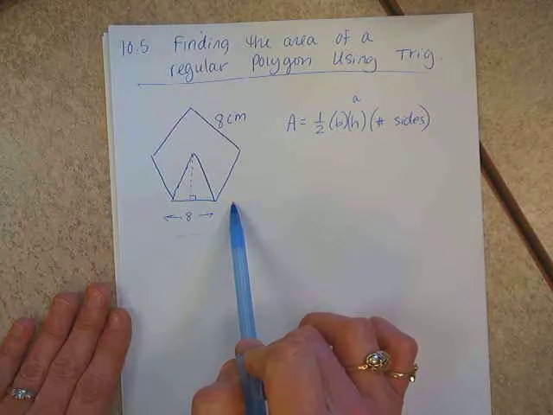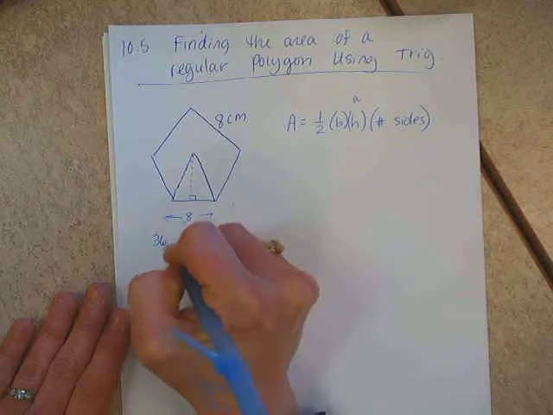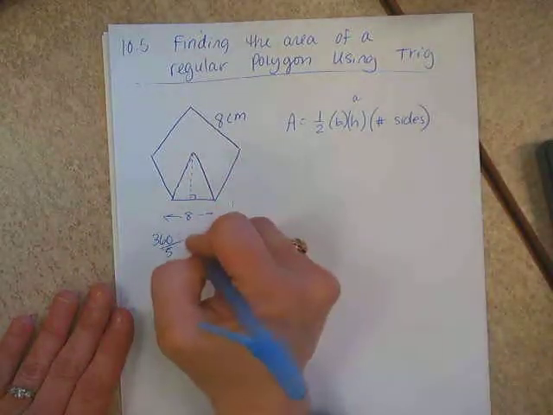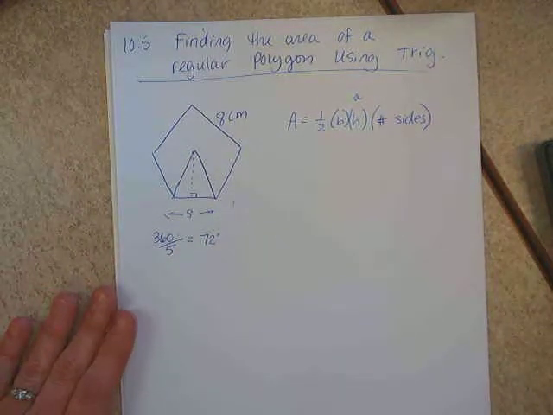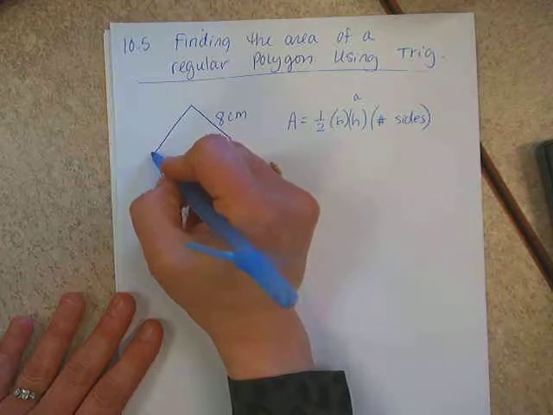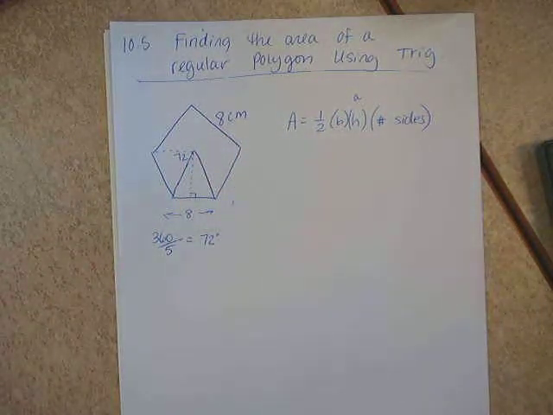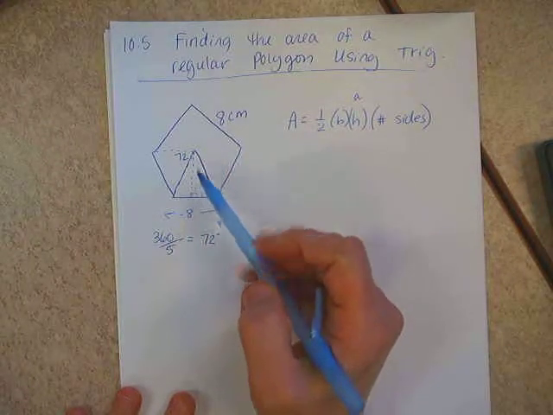So the first thing you need to do is figure out how many sides you've got. And pentagon is 5. So you're going to do 360 divided by 5, which is 72 degrees. So one of those main central angles is 72 degrees.